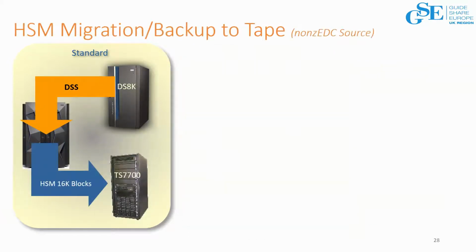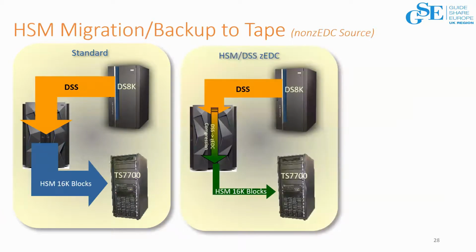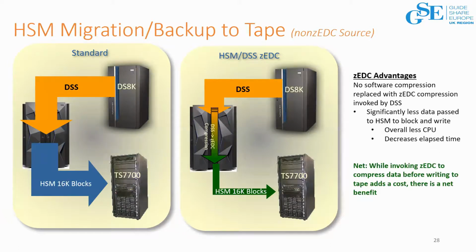When migrating and backing data up to tape, you see here on the left, DSS reads in the data, and HSM blocks all of that data into 16K blocks before writing to the TS7700. Yet with zEDC, HSM is again blocking and writing significantly less data, and that's overall less CPU and decreased elapsed time.